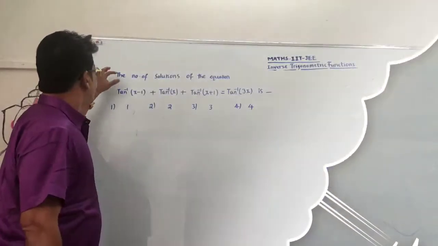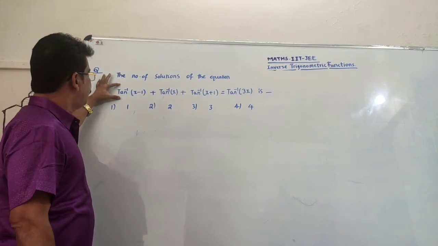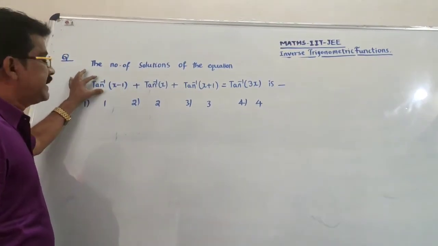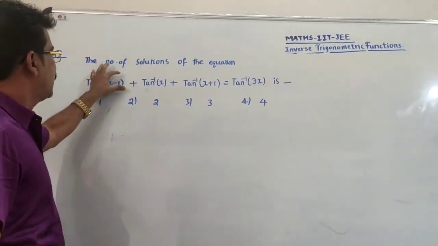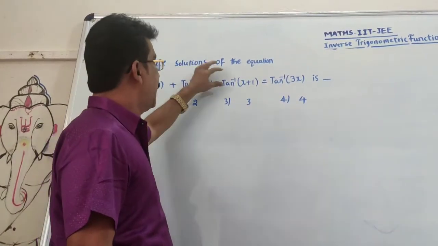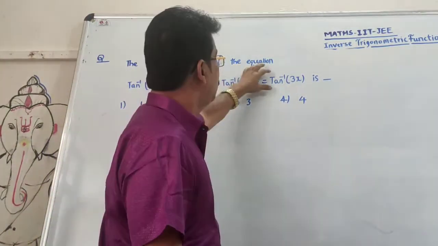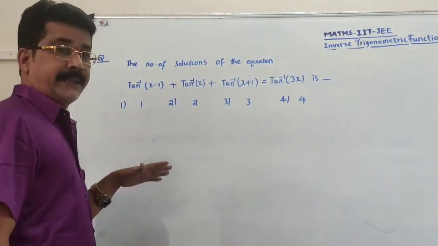Hence the problem. Find the number of solutions of the equation: tan inverse of x minus 1 plus tan inverse x plus tan inverse of x plus 1 equal to tan inverse of 3x.